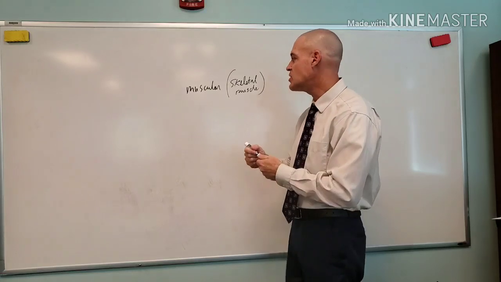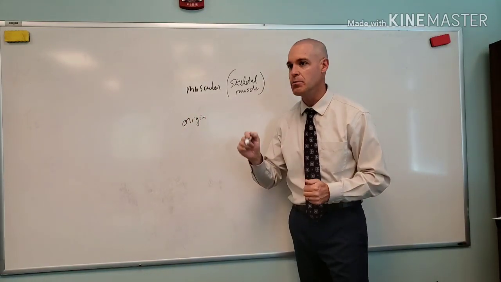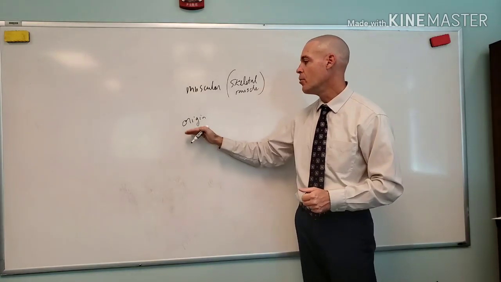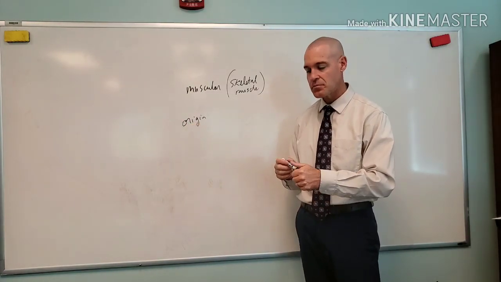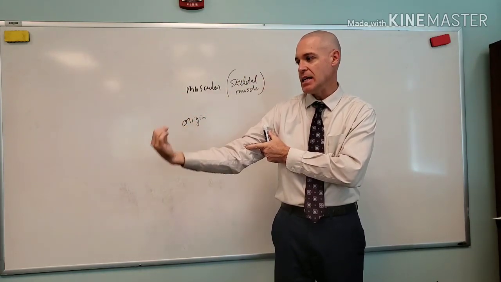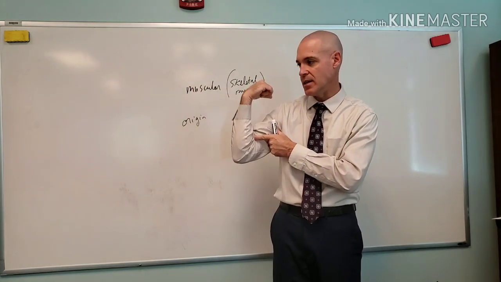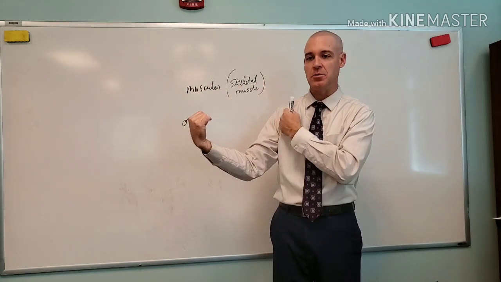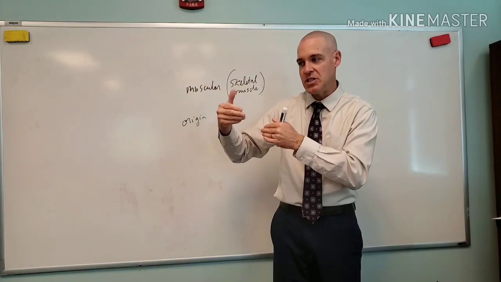So one thing we could say about it is an origin is always the less movable, or put another way, the more stationary attachment. Okay? Good example is if I'm looking at my biceps brachii and it's a muscle that flexes the elbow, okay, so I'm going to have two attachments without even going into detail on what those attachments specifically are.